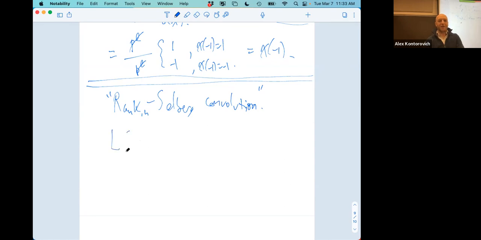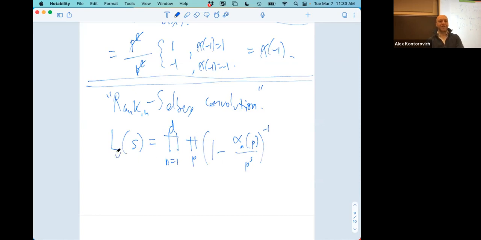So if I have an L series, L of s, I'm going to do it just purely abstractly. An L function abstractly is a finite product, let's say n going from 1 to D, it's a degree D L function, and then a product over primes of 1 minus some numbers, alpha sub n of p over p to the s, inverse.